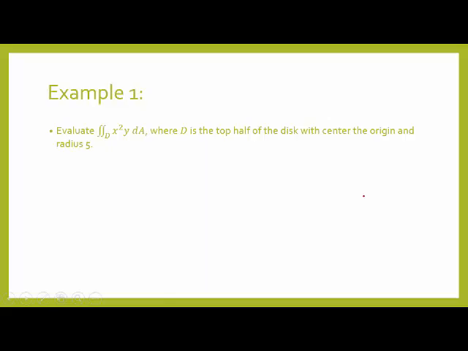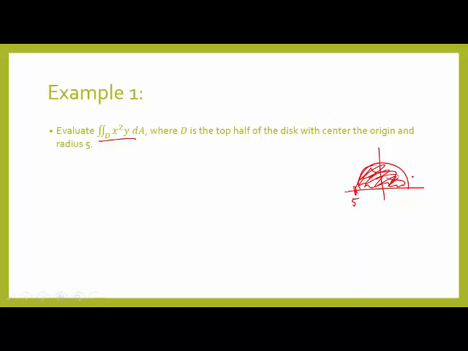All right, let's do example 1. Here is our double integral, and D is the top half of the disk centered in the origin with radius 5. Okay? So we can easily draw that, top half of a disk. Disk just means it's filled in. Radius 5.